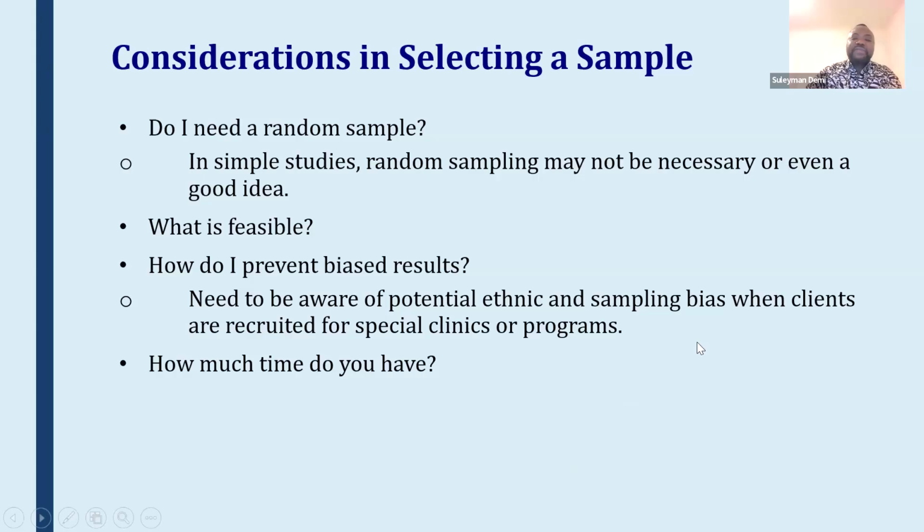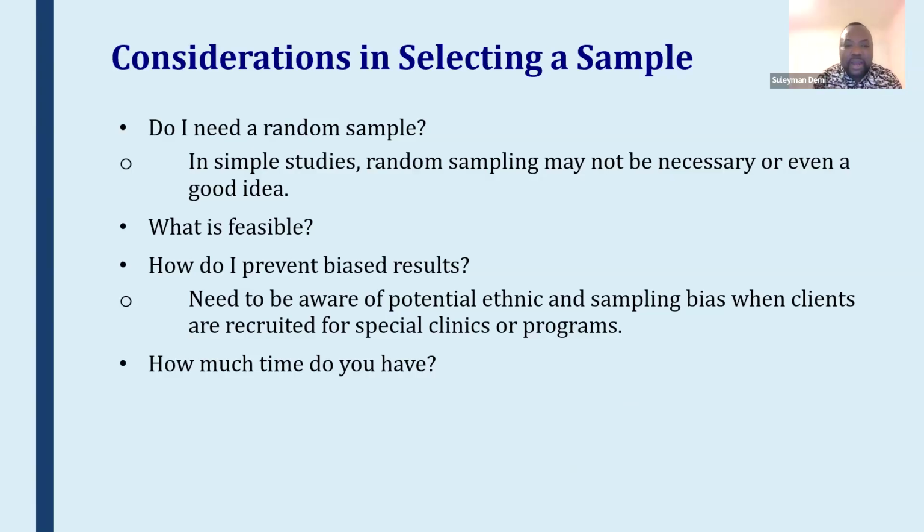Then, what is feasible? If you are going to use random sampling, is it feasible? Do you know the population, right? Is the population clearly defined so that you can easily select randomly from it? Another point: how do I prevent bias, right? If you want to eliminate bias, that can also be one of the key considerations.